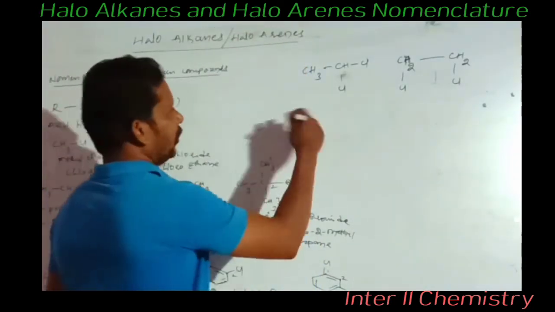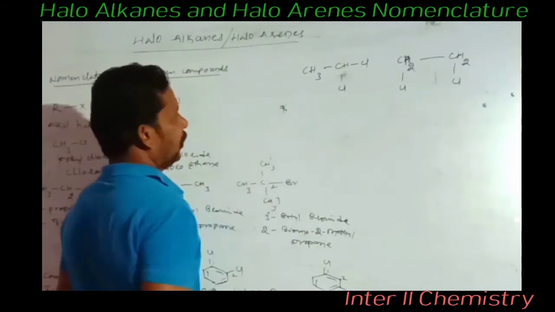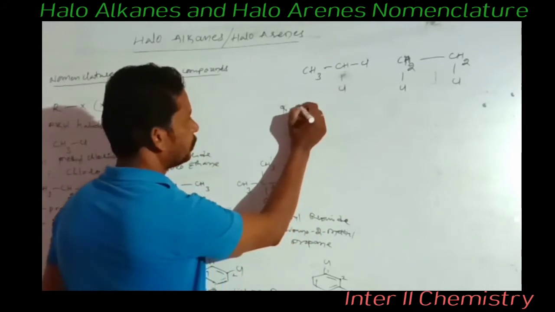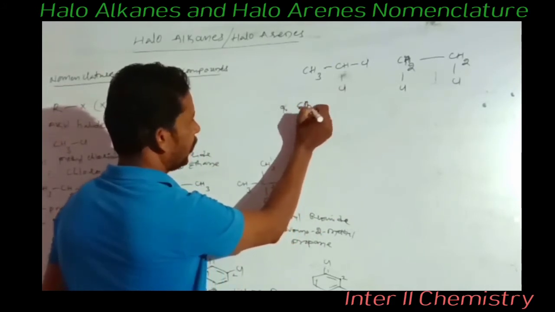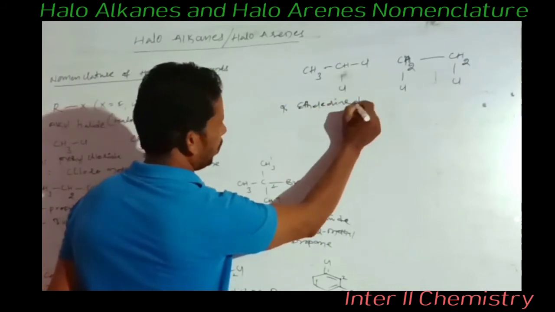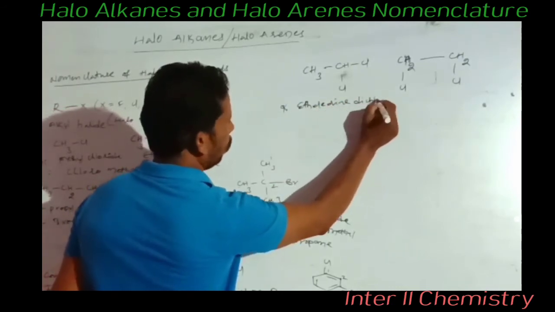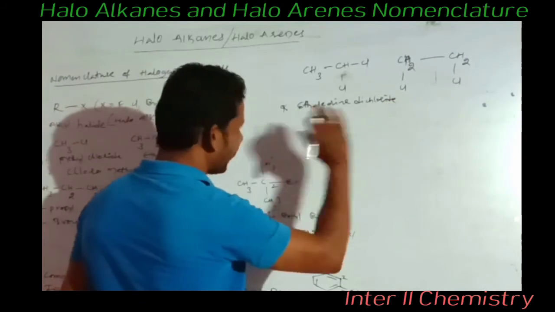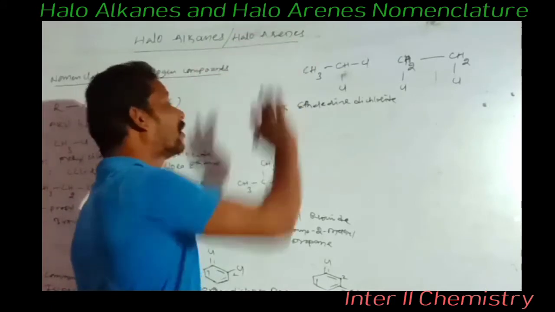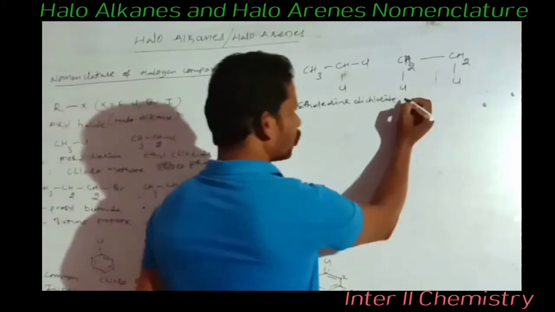The other method is also there. It is called ethylidene dichloride. Ethylidene dichloride means the two chlorine atoms are present on only one carbon.